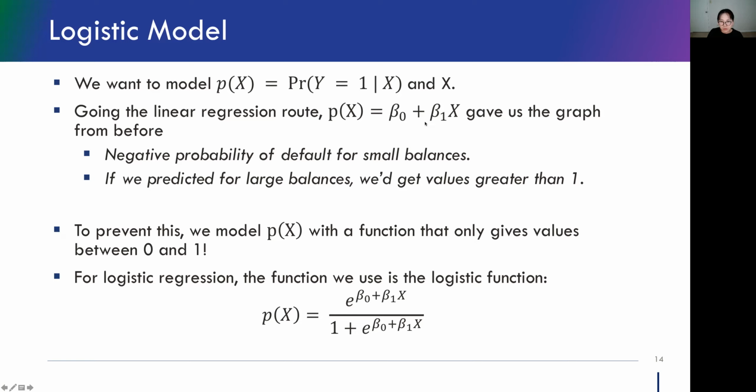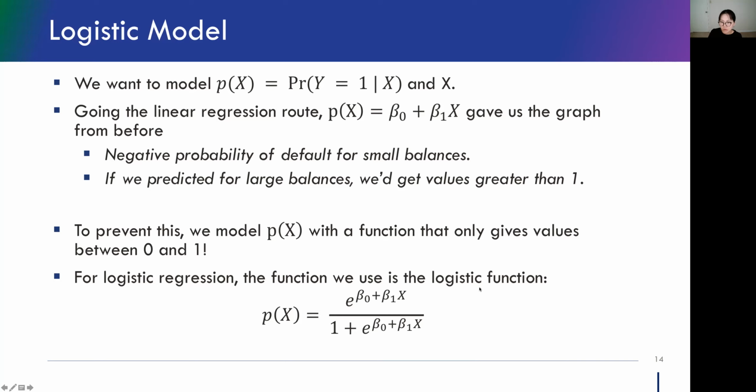Well, if we do this directly, it will give us a negative probability of default for a small balance, like small x. It can go negative. If we predict for large balances, we can get values greater than 1. We saw that previously. To prevent this, we model this probability with a function that only gives values between 0 and 1.